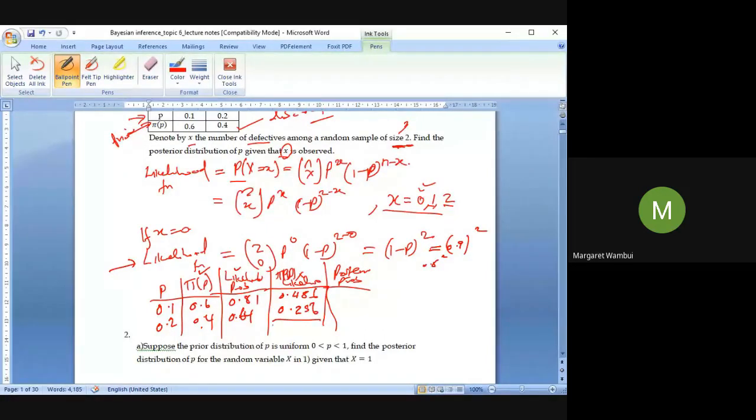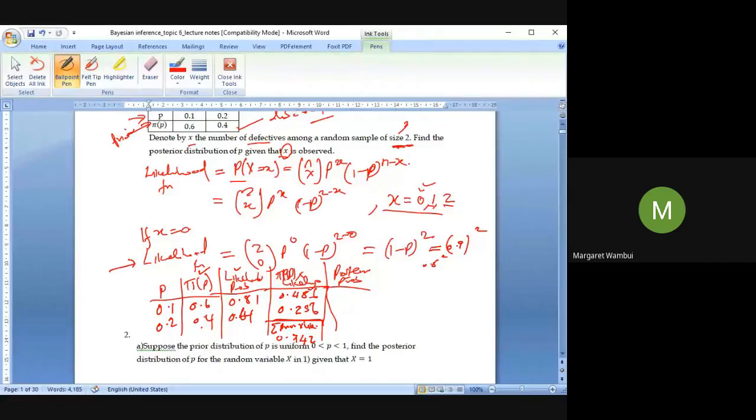Then remember, you get the sum of all these products, that is the probability, the sum of the priors times the likelihood. If you add this, you will get 0.742.